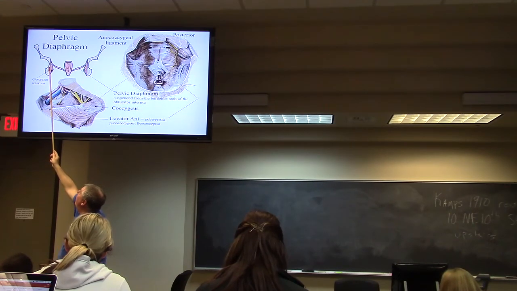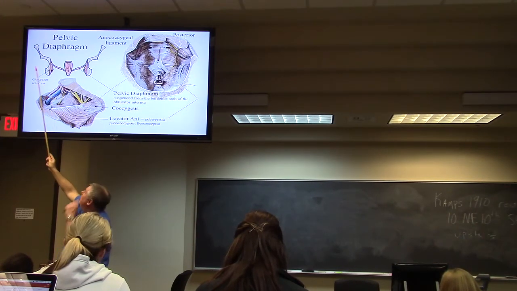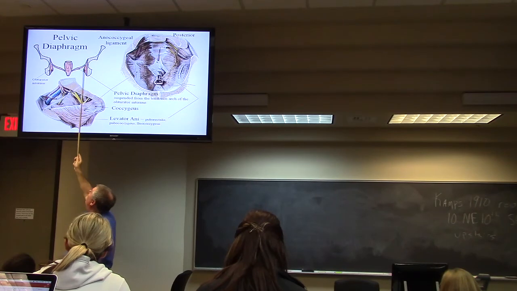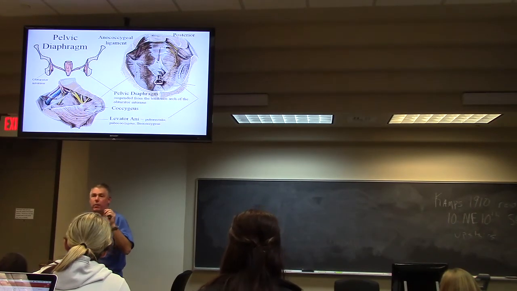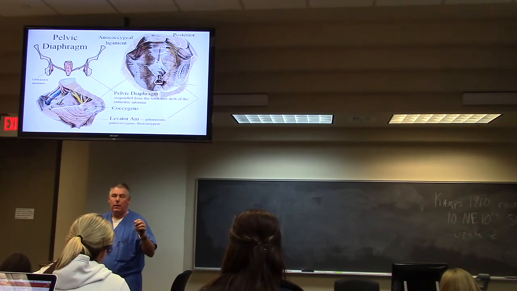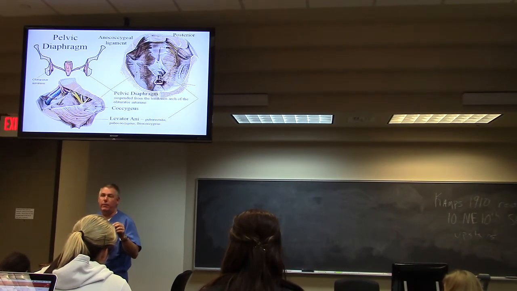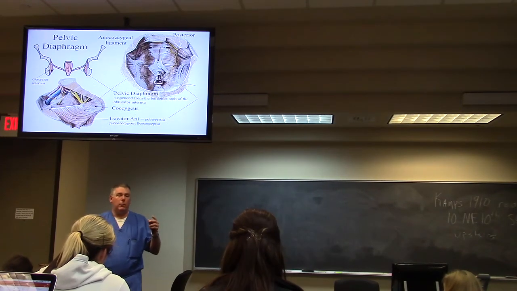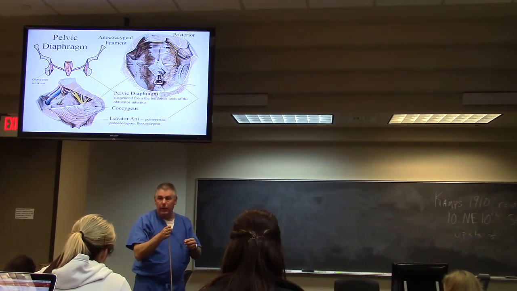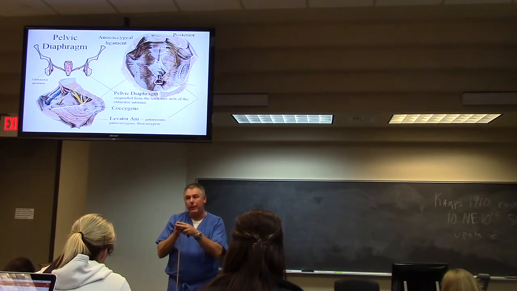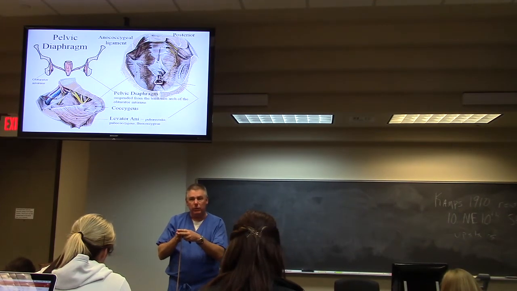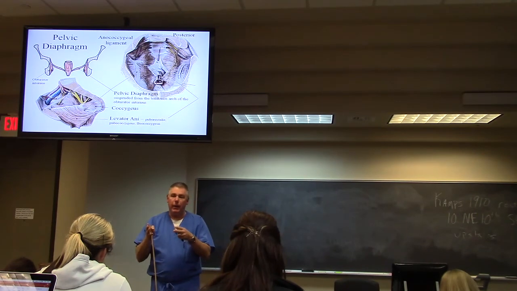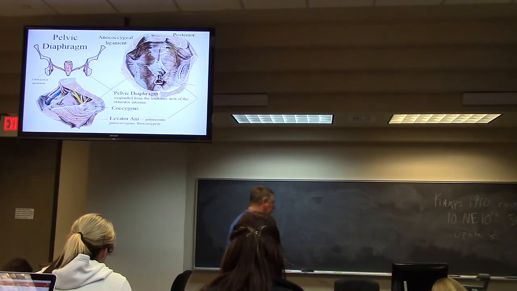Imagine this space right there would be the obturator foramen. The obturator foramen is covered by the obturator membrane. It's covered on the inside by the obturator internus muscle and on the outside by the obturator externus muscle. Okay, everybody understand me here?